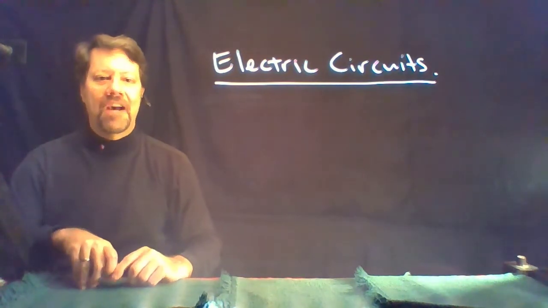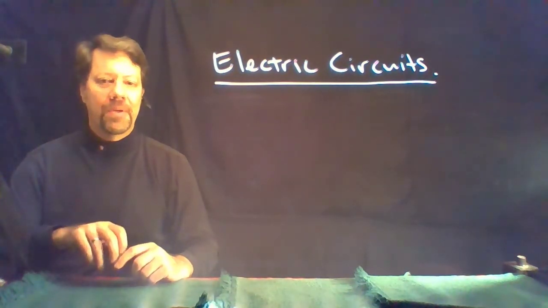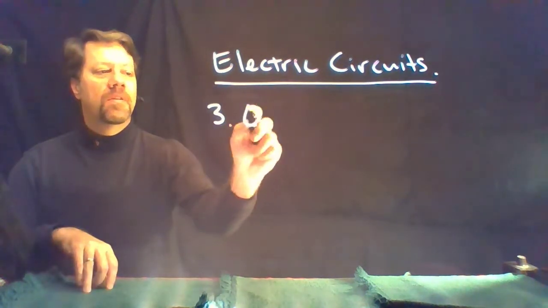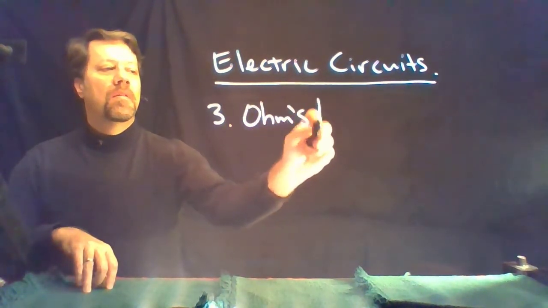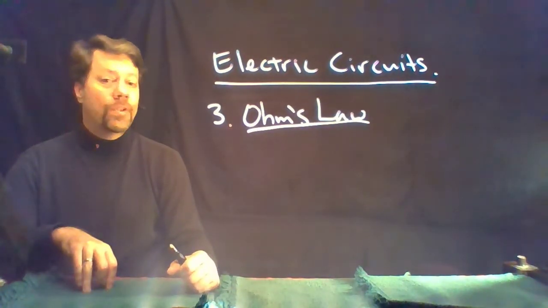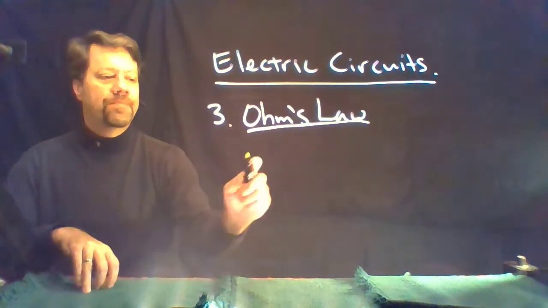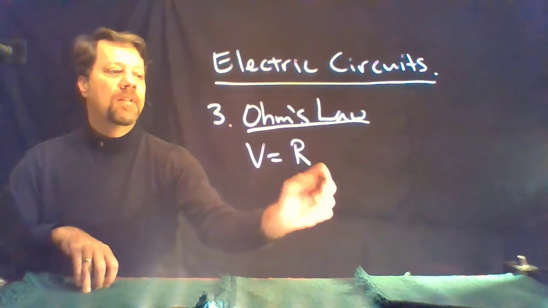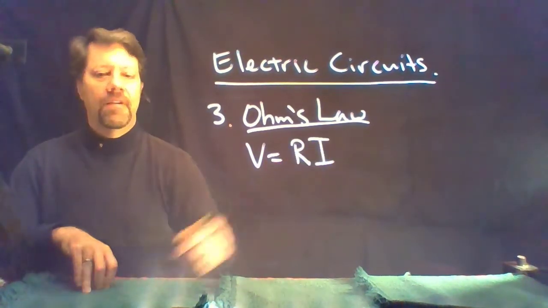We now have to account for the three kinds of electrical components that we're going to consider. First, let's consider Ohm's law. The voltage drop across a resistor is proportional to the amount of current.